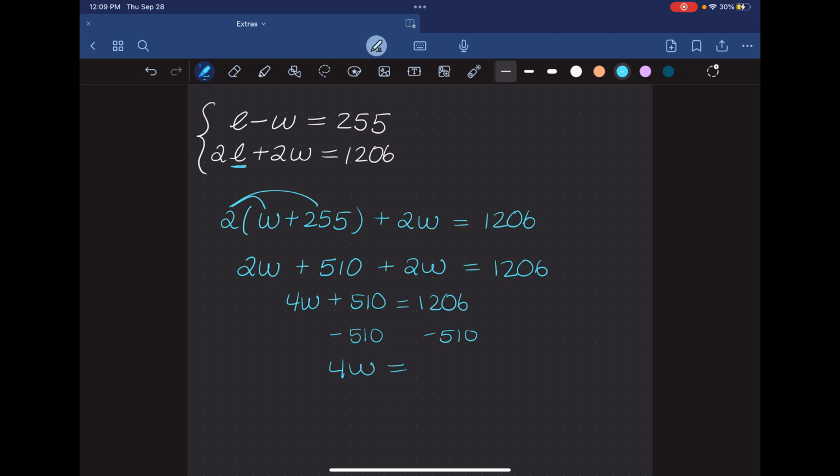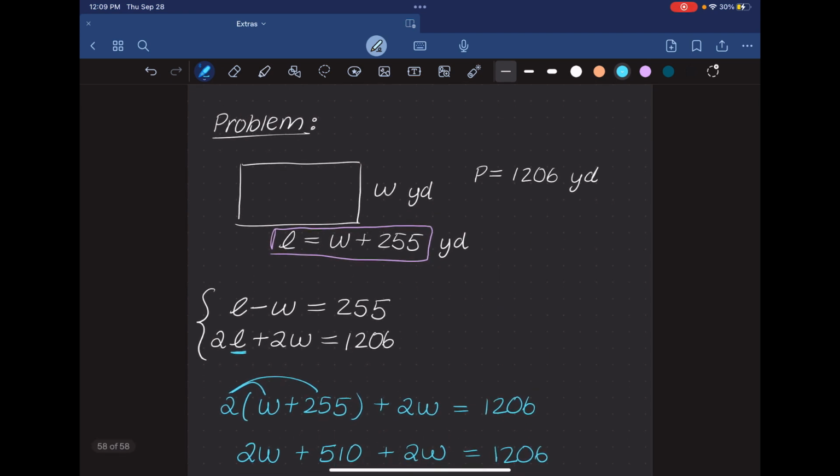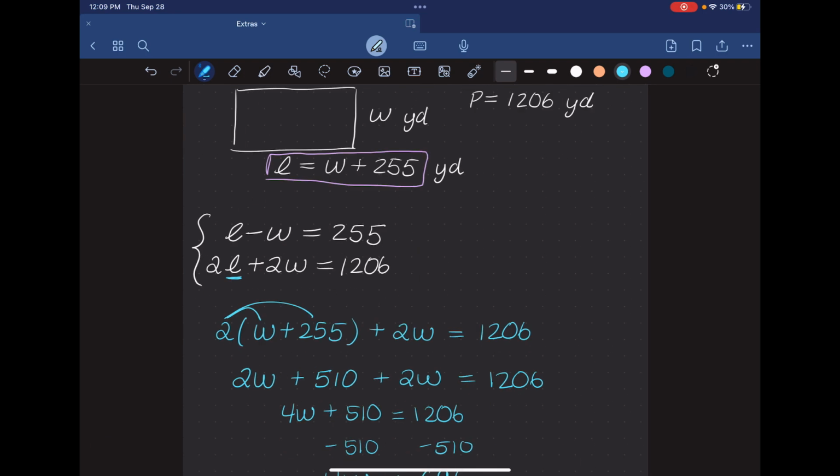I get 4W is equal to 696, and then I can divide both sides by 4 and get that W is equal to 174 yards. So that's the width of this rectangle. Now to find the length of the rectangle, we just need to recall in pink right here that the length is equal to W plus 255.